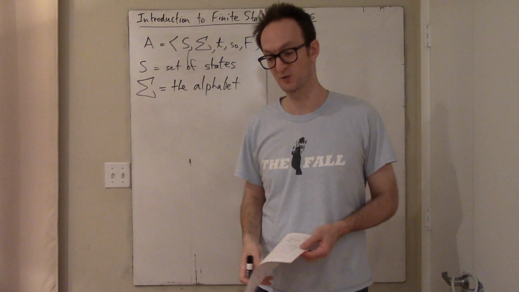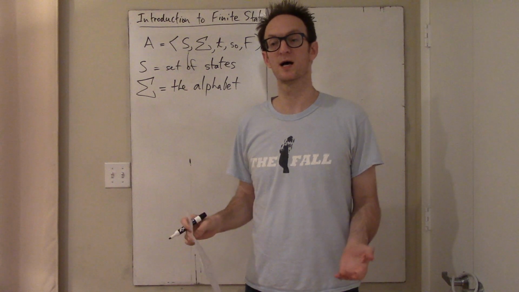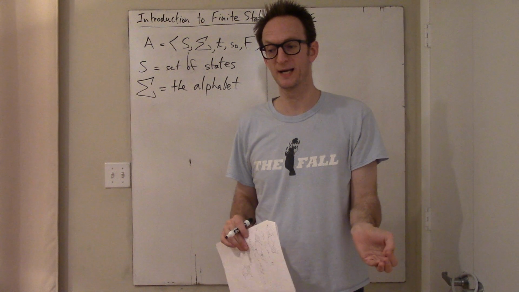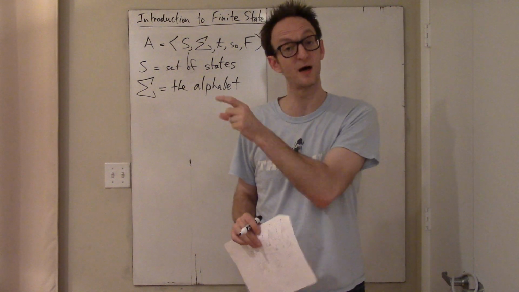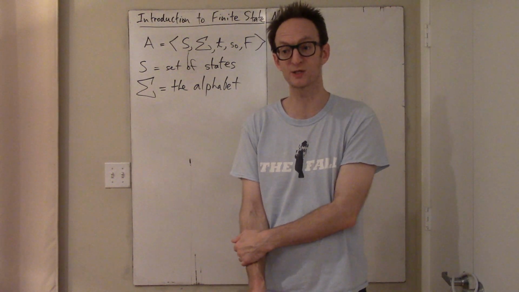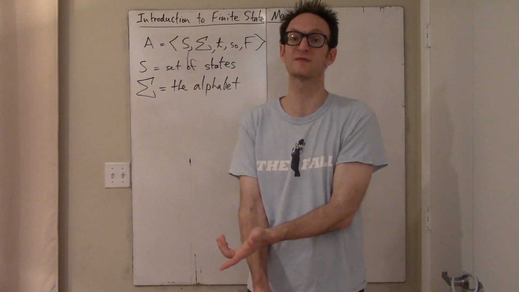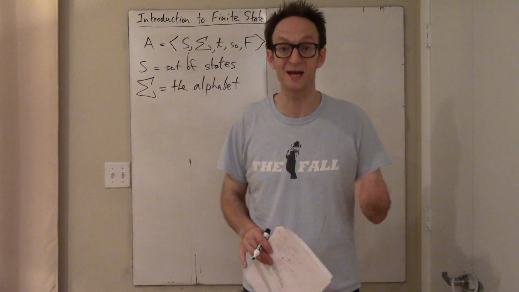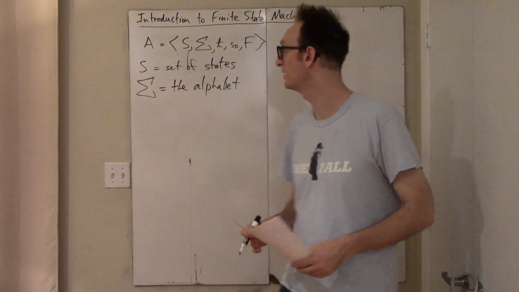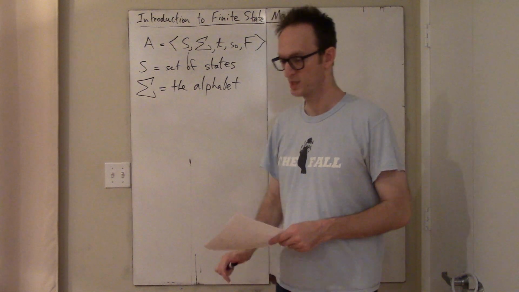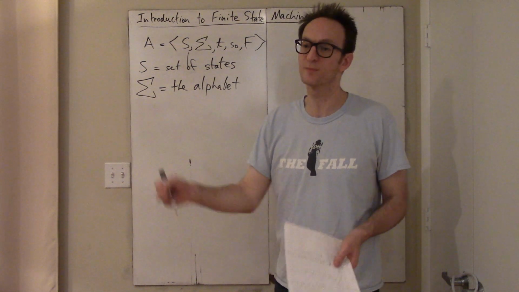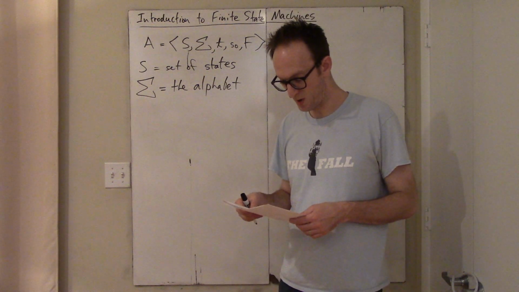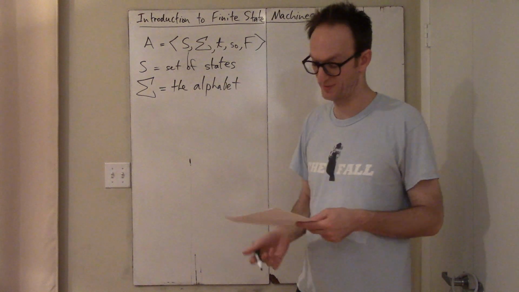Every string that this machine is going to deal with is a string composed of a finite number of characters in sequence, and those characters themselves have to be drawn from some larger finite set of characters that the machine is going to talk about, and that's sigma. So you design a machine to accept a certain kind of input. You can think of it as the possible inputs.